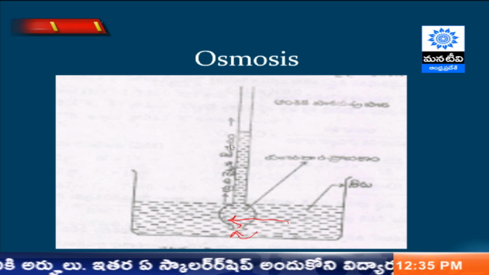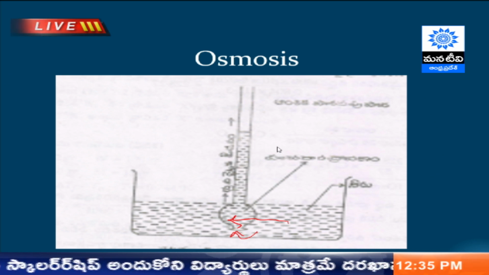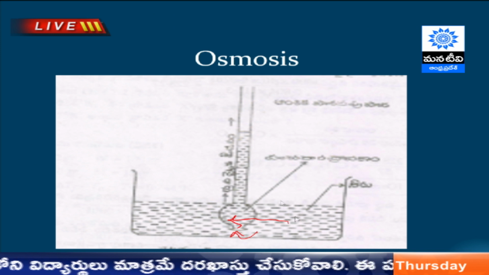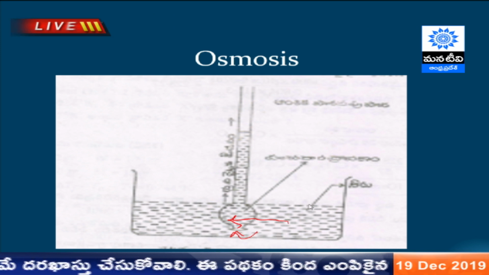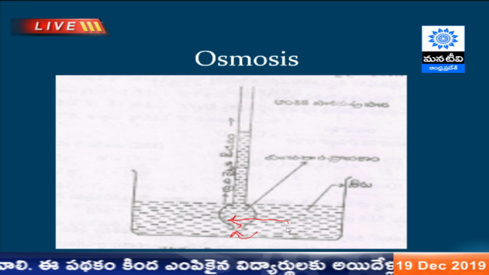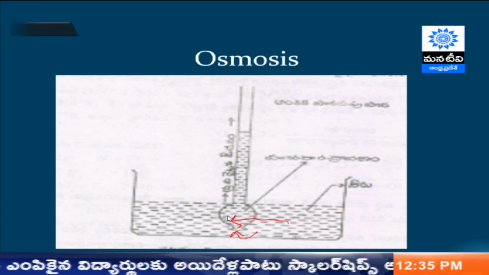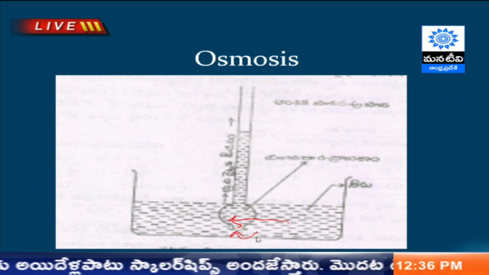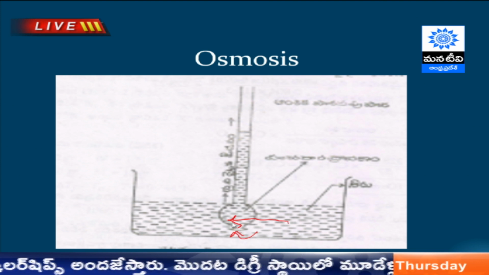This increase will give the osmotic pressure, and this whole process is called osmosis. The flow of solvent from lower concentration to higher concentration through a semi-permeable membrane is called osmosis.